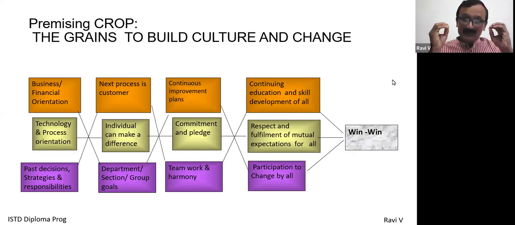Then there is the entire customer supply chain, which is important. How can you ensure that everyone does their job well, so that the customer down the line in the department benefits, and so that the customer on the street also benefits? What are the continuous improvement plans? How is the learning atmosphere?